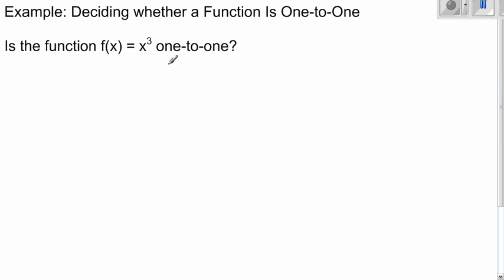So is x cubed one-to-one? If you just look at the graph, x cubed looks kind of like that. We had a picture of it on the previous page, and that appears like the horizontal line test would pass.